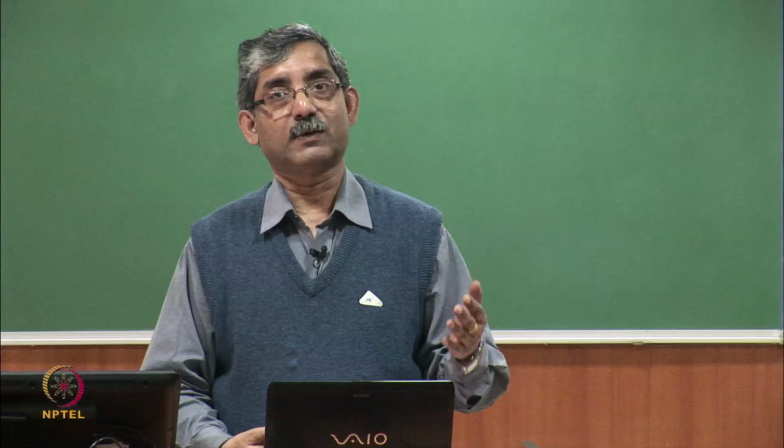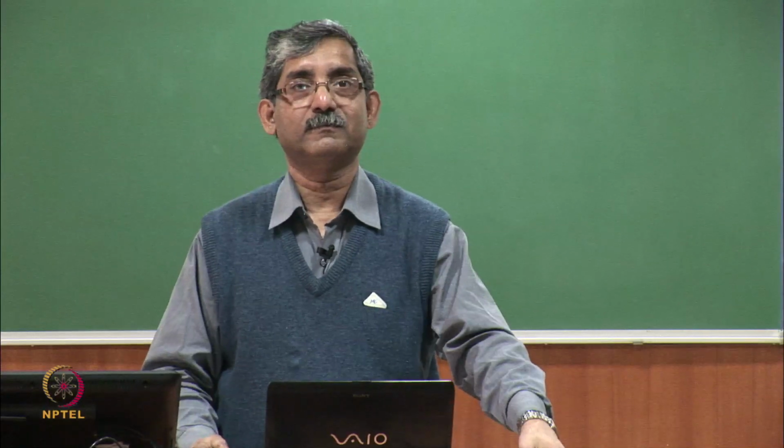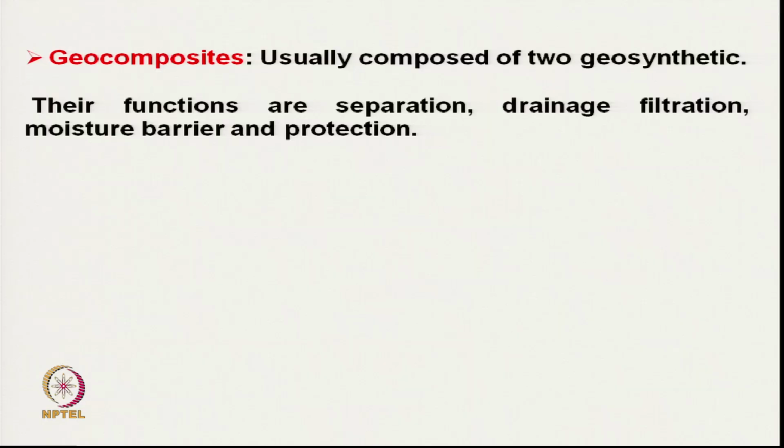It is used for separation and reinforcement application, and geocomposites are basically using more than one geosynthetic together to have multiple or enhanced function. Their functions are basically separation, drainage, filtration, moisture barrier, protection. So, if we require multiple functions, we can use geocomposites.